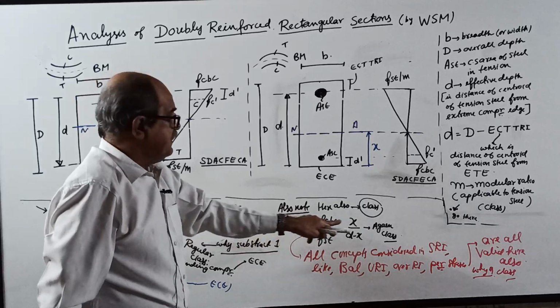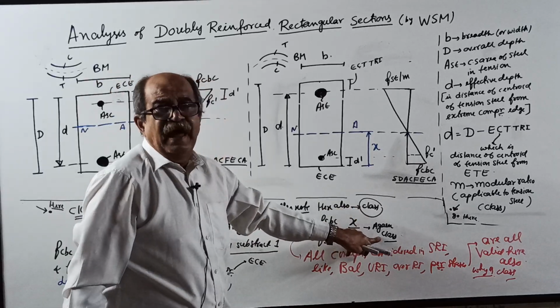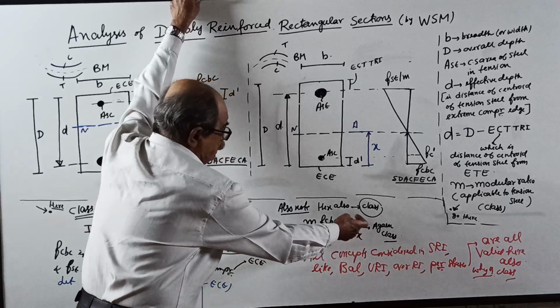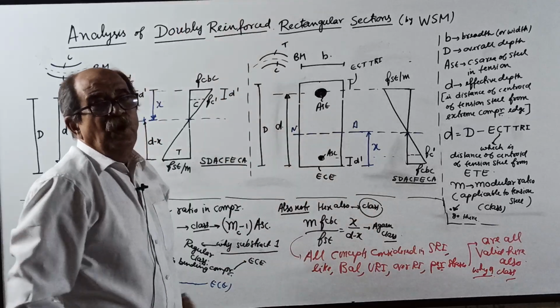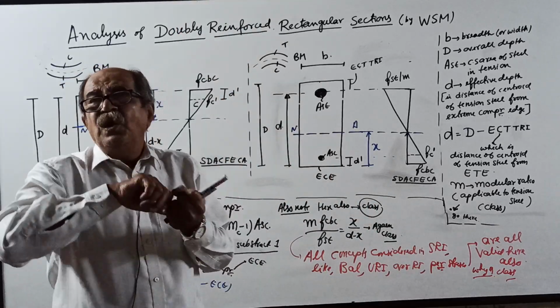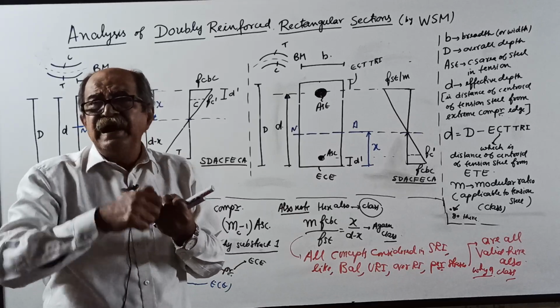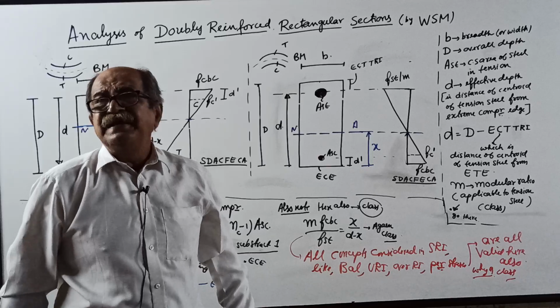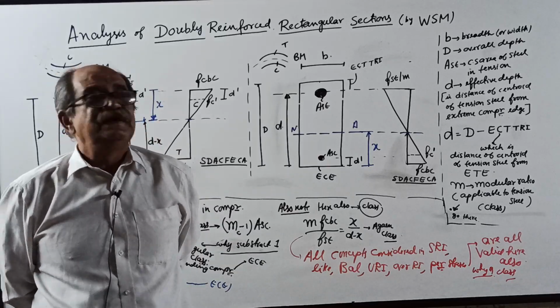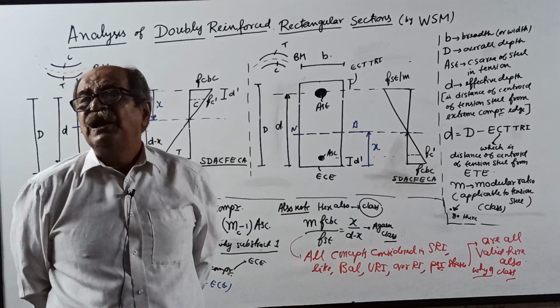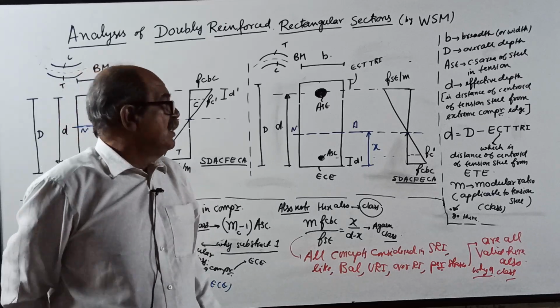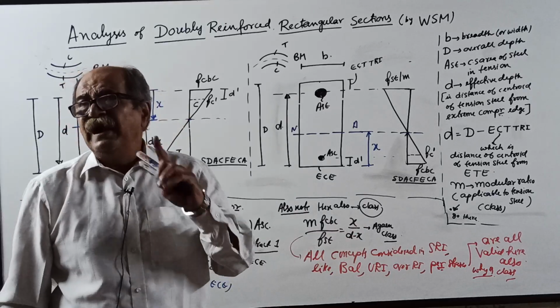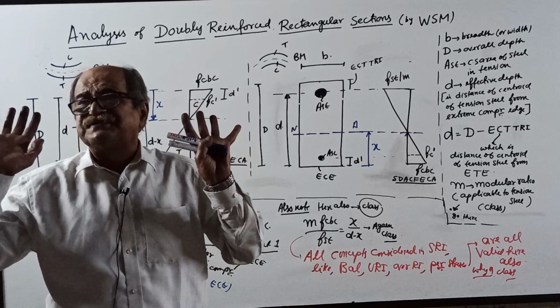Also note, using this relation we derived the concept of balanced section, under reinforced section, over reinforced section, etc. And also later permissible stresses. For balanced what happens, for under reinforced what happens, for over reinforced what happens, all we discussed earlier.